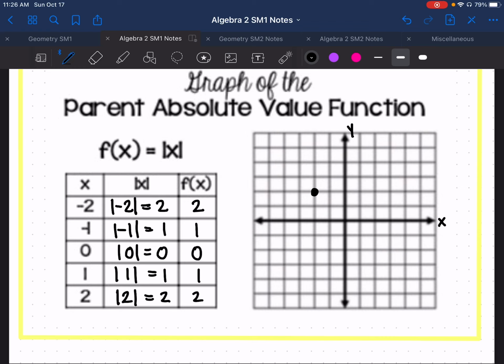We're going to go to -1 and up to +1, 0 and 0, the origin, +1 and +1, and +2 and +2. Notice that just like my quadratic, I have symmetry on each side. This side of my absolute value is going to mimic this side.